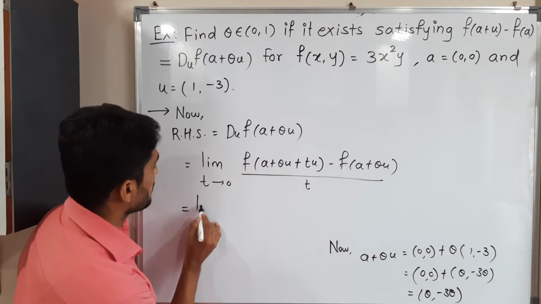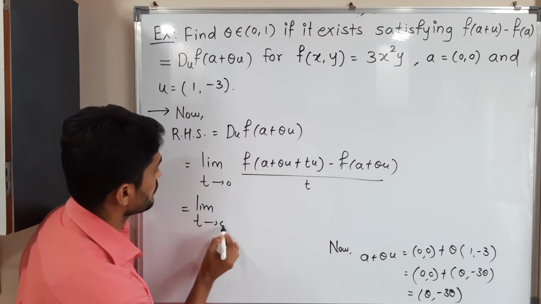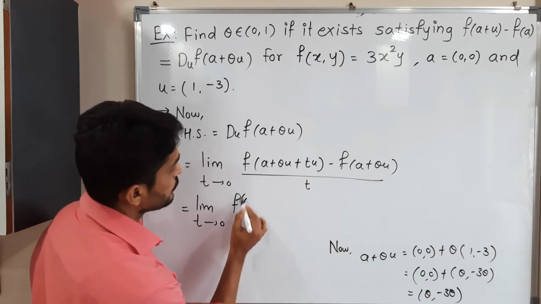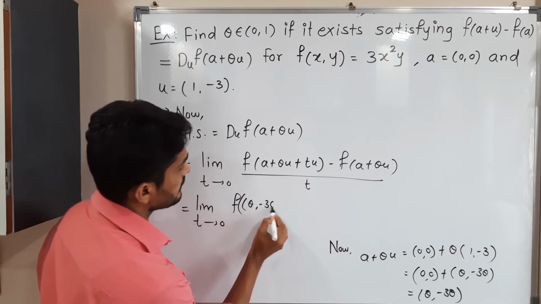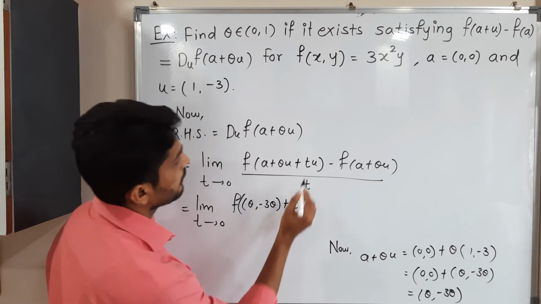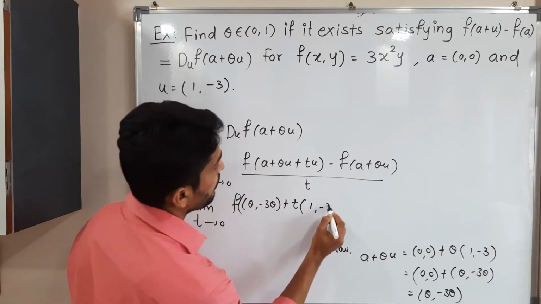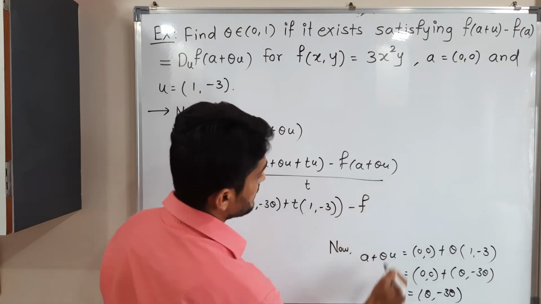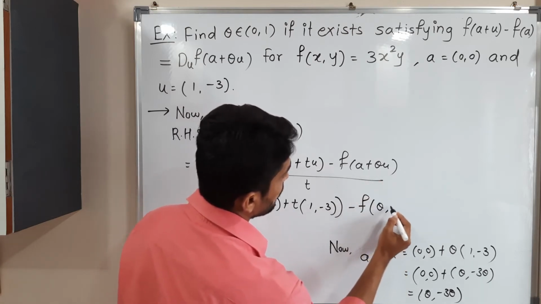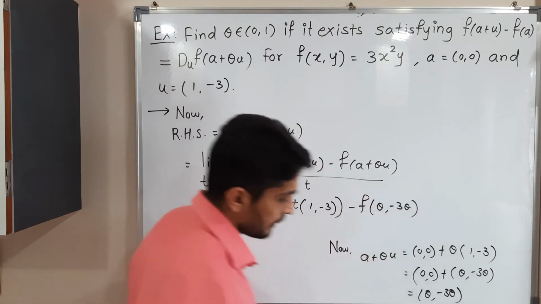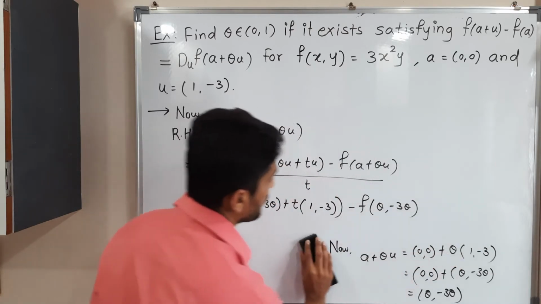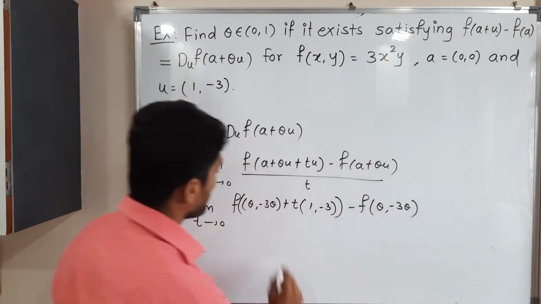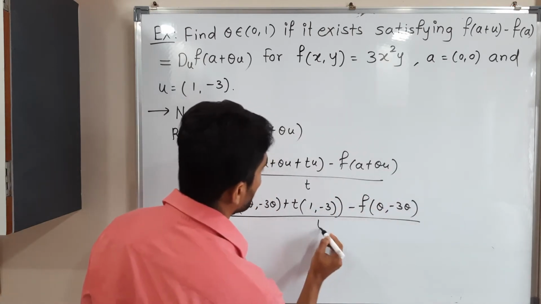This is equal to limit t tends to 0, f of a plus theta u plus tu, which we have calculated: theta comma minus 3 theta plus t times our u, 1 comma minus 3, minus f of a plus theta u, which is theta comma minus 3 theta, whole divided by t.